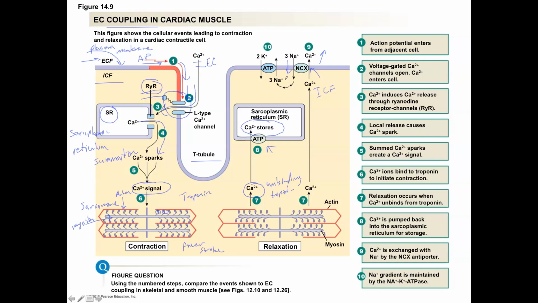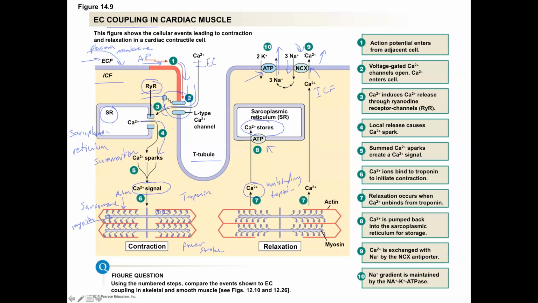And then we also utilize a sodium-potassium pump, so spending more energy, to put sodium back into the extracellular space to keep this antiporter functioning. So we're restoring calcium and removing calcium from the intracellular environment so that cardiac muscle can go back to its resting state.